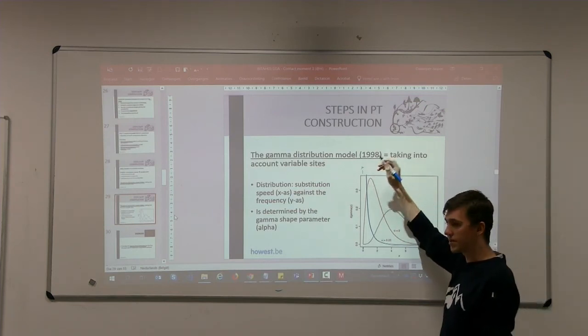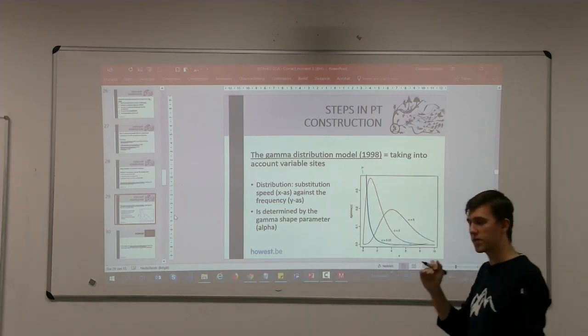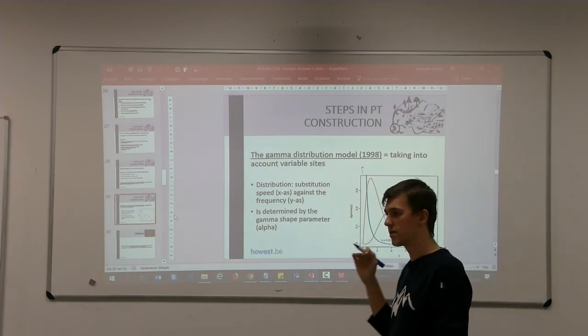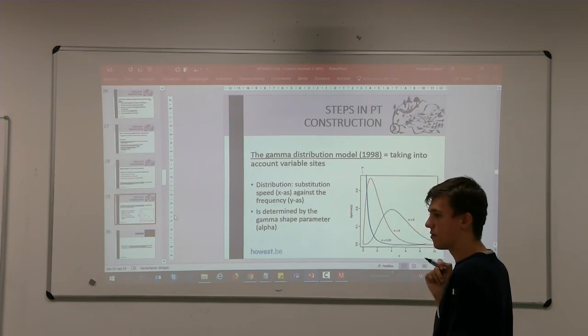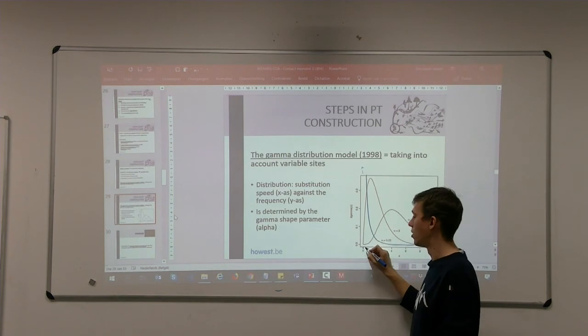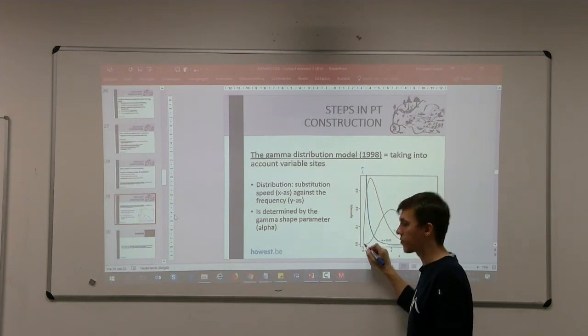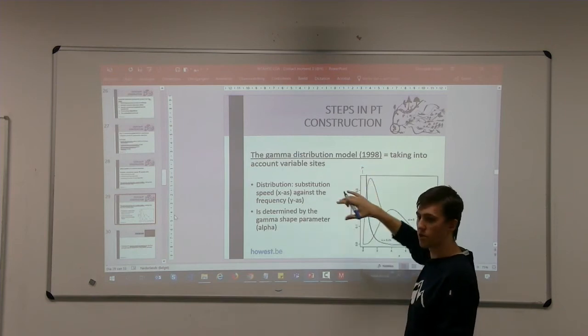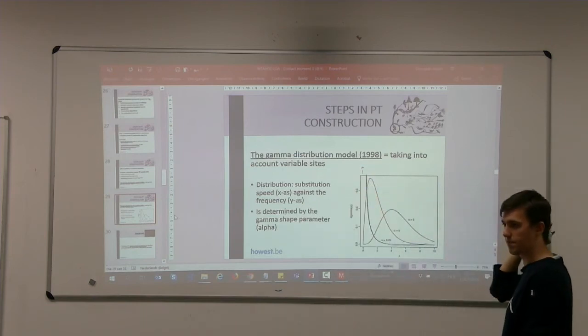This blue curve indicates that we have a constant speed of evolution on every position. So every position in my sequence has the same speed of evolution, which means that I will have an overall low speed, but with a very high frequency. The frequency being the number of sites having that speed.